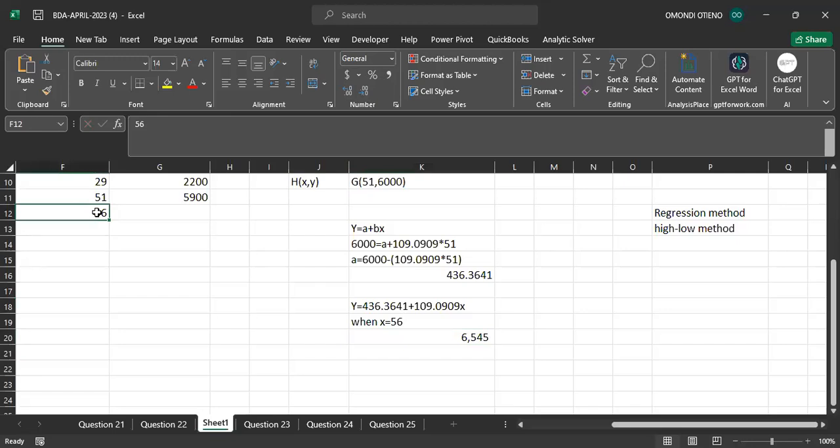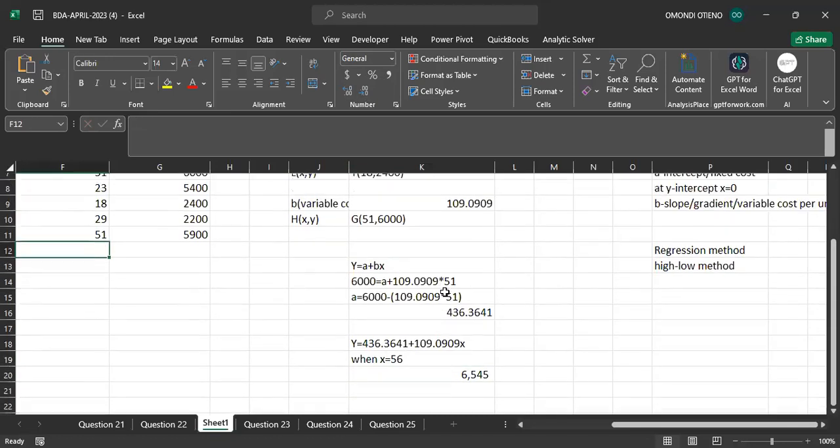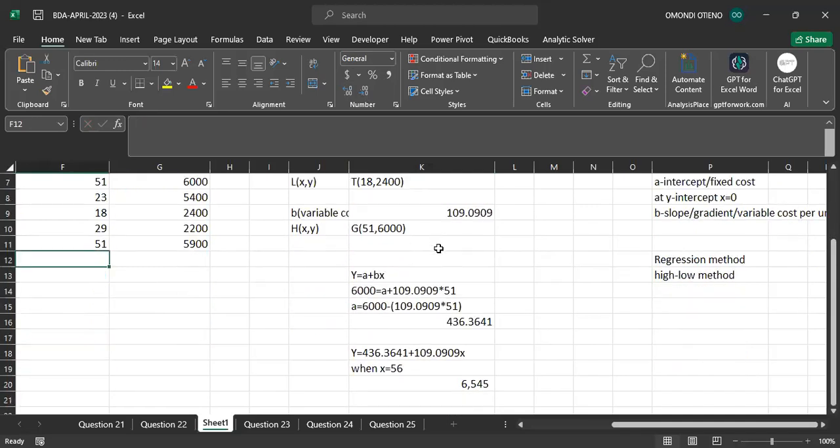Is it clear to somebody now? Is it possible for us now to use the high-low method to come up with the cost function?